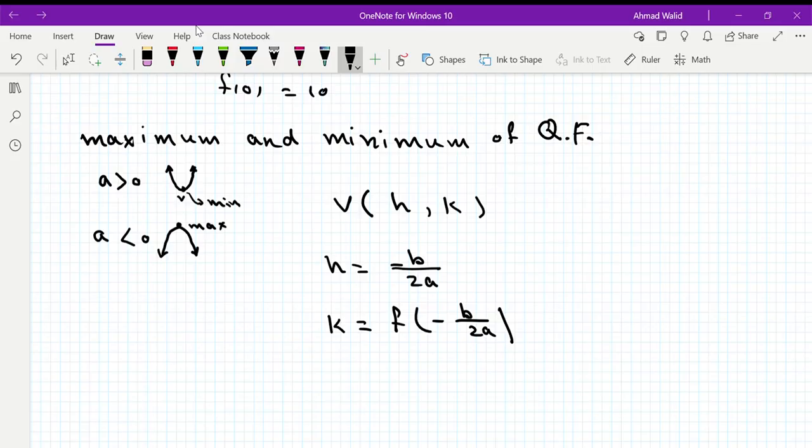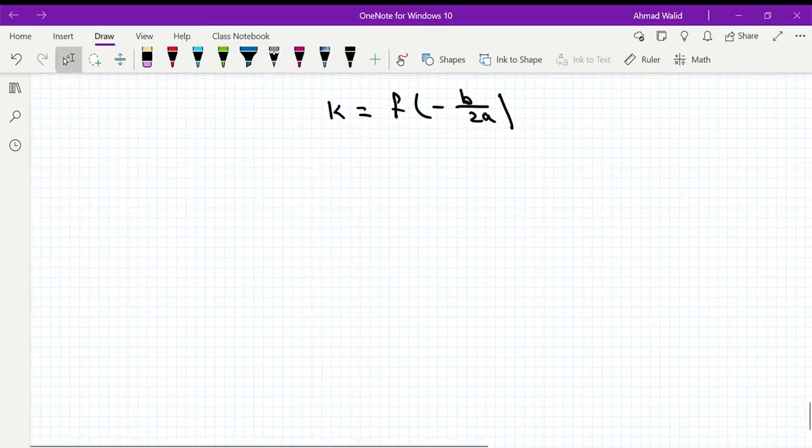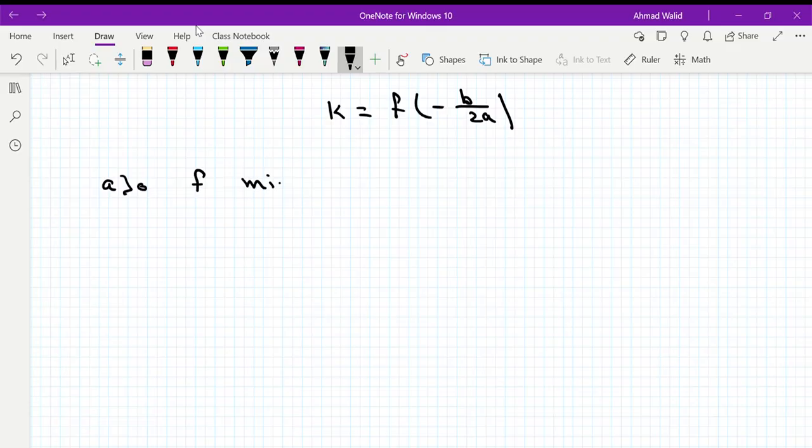Now, if a is greater than 0, it means when your parabola opens upward, your function f has a minimum point, correct?